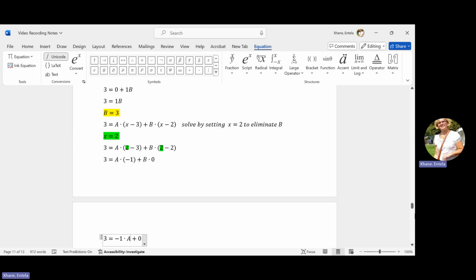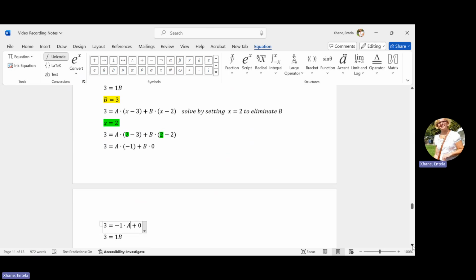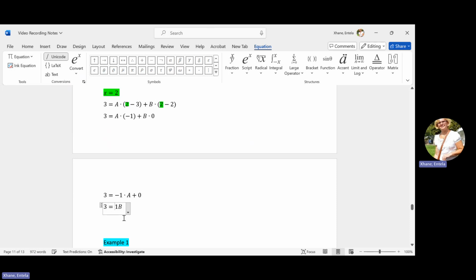In the next step, we get rid of 0. So now we have -1 a. And you are going to divide both sides by the number in front of a, which is -1 in this case, to find a by itself.